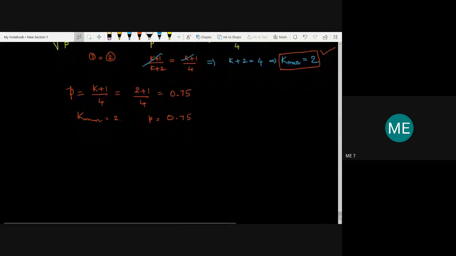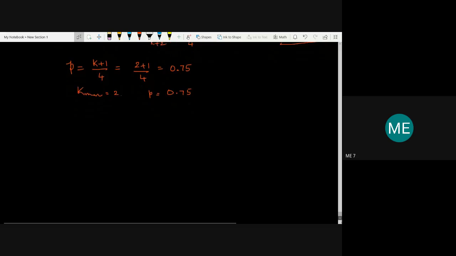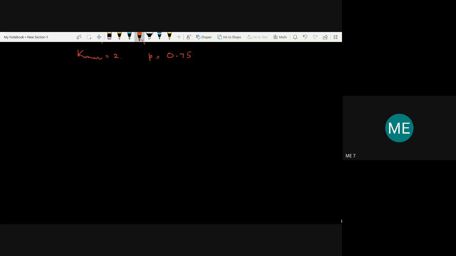Similarly, we'll go for the first application, that is relative stability of the system. One problem on this. Here both will be present in the same problem, that is range of values of k.